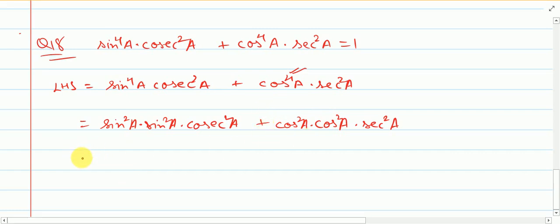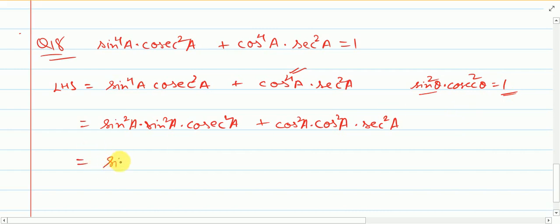So this is done. Now you remember that sin theta multiplied to its reciprocal will give you 1. That means if you take the square of sin and then you multiply with the square of its reciprocal, again you will get 1 only.